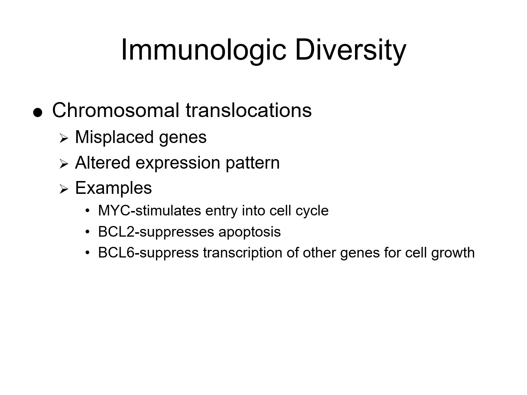BCL6 acts by suppressing transcription of genes that regulate cell growth. Its alteration disrupts normal control of cell growth and differentiation. So these genetic changes contribute to abnormal proliferation and survival of lymphocytes, promoting lymphoid malignancies.